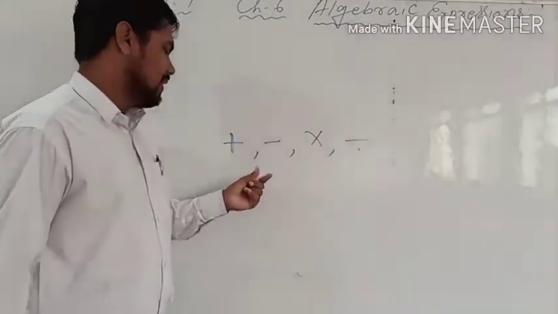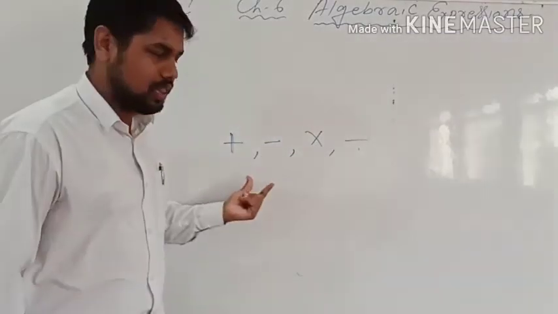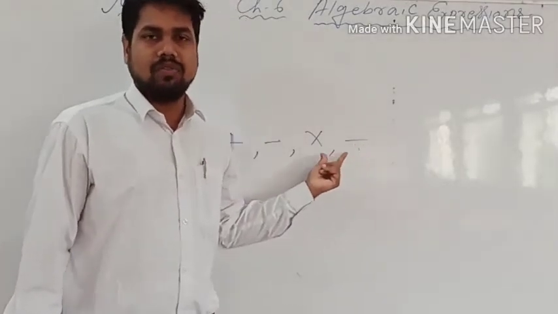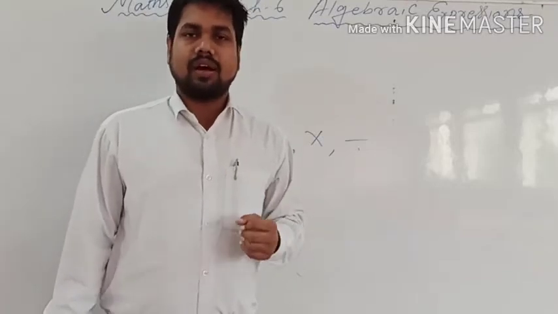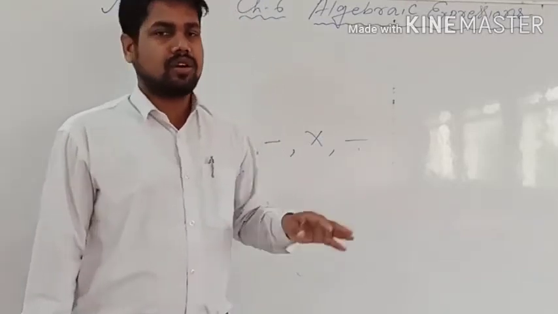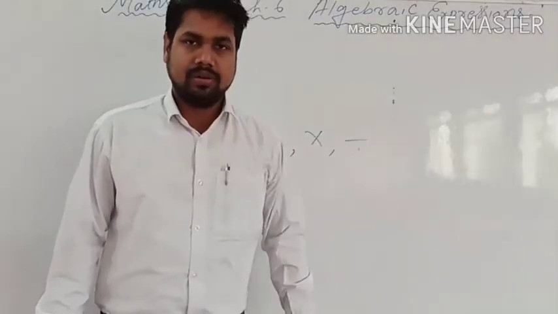Either some of the basic operations are used or maybe all of them. When constants and variables are connected with the help of these basic operations, that is called an algebraic expression.